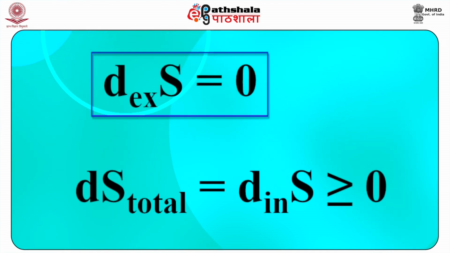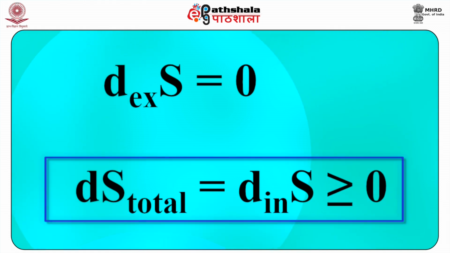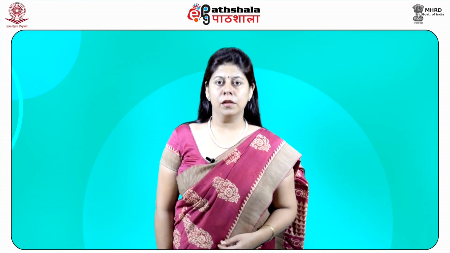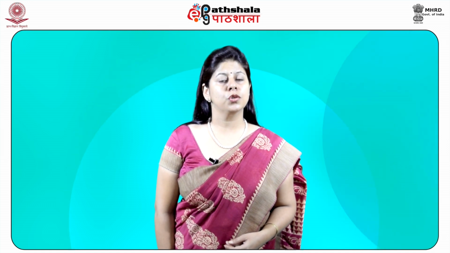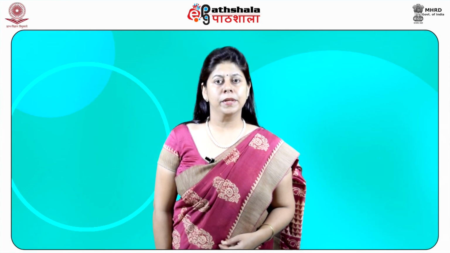If dS external is equal to 0, then dS total is equal to dS internal, which is greater than or equal to 0. There is no restriction on the sign of dS external, but dS internal should always be positive for irreversible thermodynamic states. The quantity T dS internal is called uncompensated heat by Clausius.